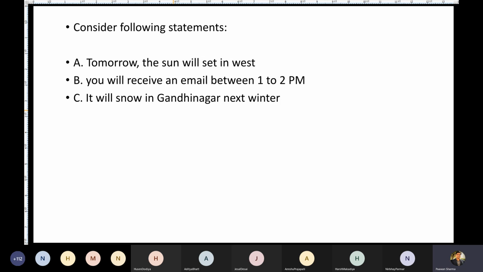Sun will always set in west. So highest probability, it will definitely occur. B will have certain probability, right? Because email will not always come. Whereas in C, very rare. The rare means rare of the rarest, least probability. So you are paying more attention to C.